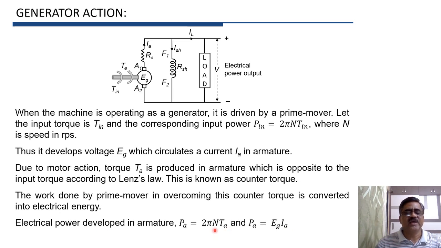Again in this case N is speed in RPM. So in case of a generator, the prime mover has to overcome the counter torque which is developed in the armature, and when the prime mover overcomes the counter torque, mechanical energy gets converted into electrical energy, and electrical power is developed in the armature, which is equal to EG into IA.